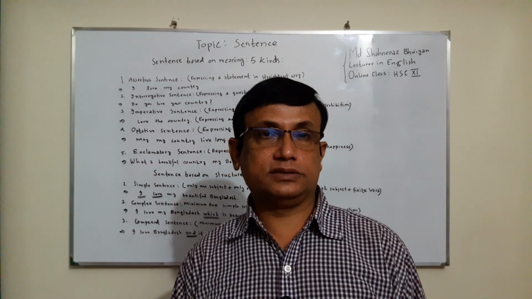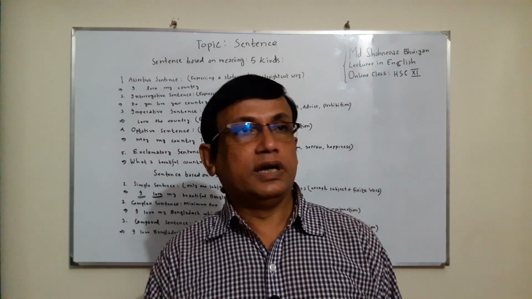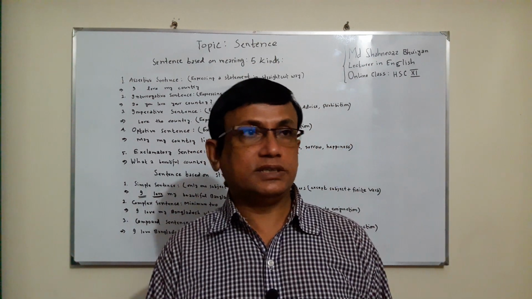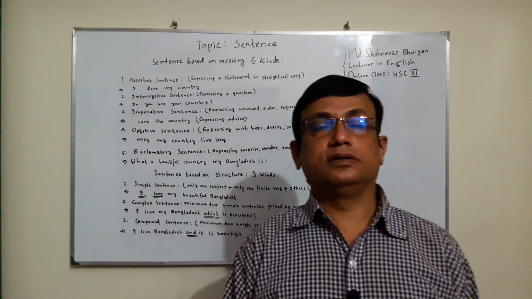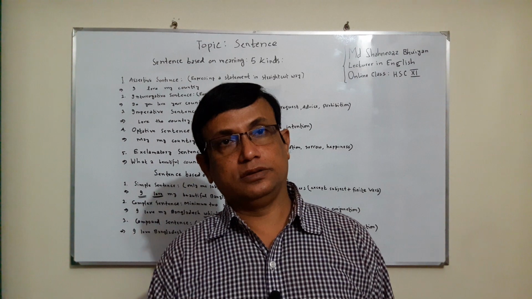And a complex sentence is a sentence that has 2 simple sentences joined by a subordinating conjunction.